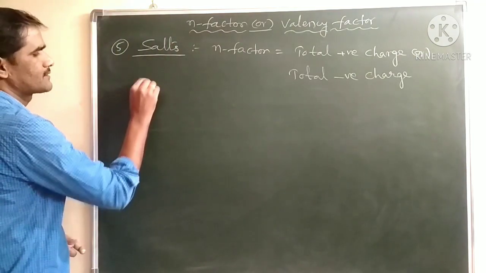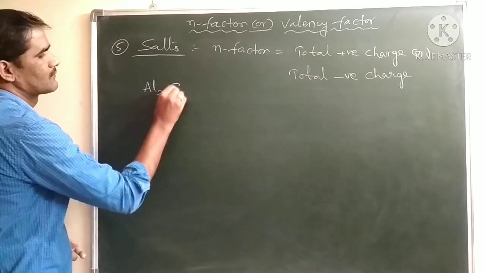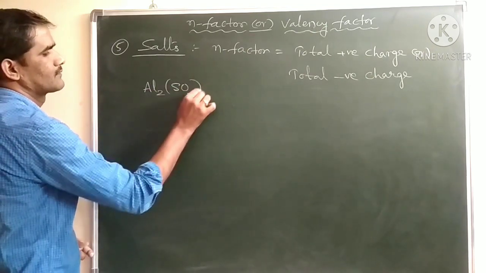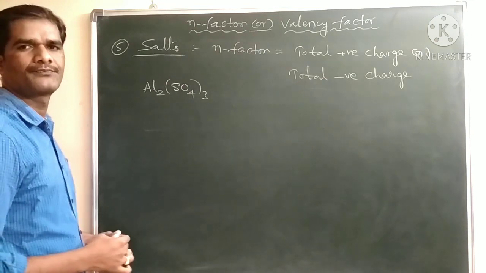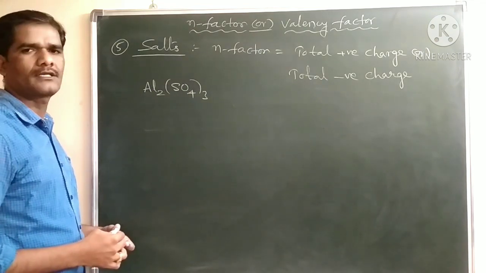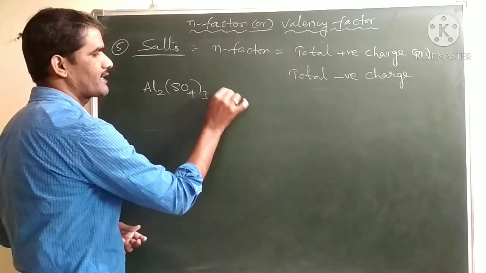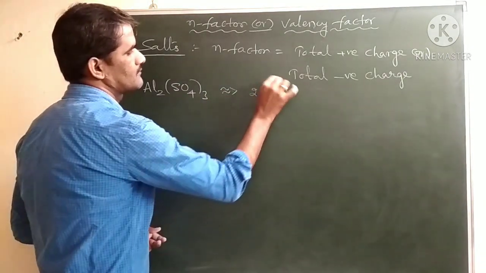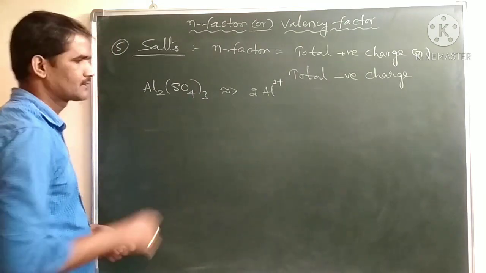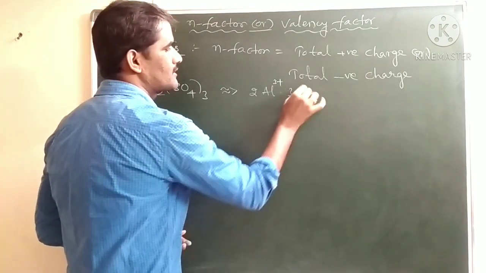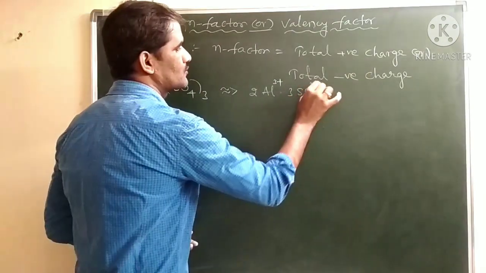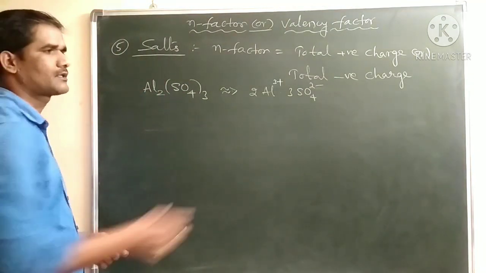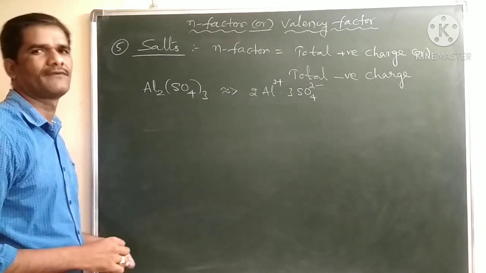Some other examples: aluminum sulfate. Aluminum sulfate exists as 2 aluminiums with 3 plus and 3 sulfates with 2 minus. This is the ionic form of aluminum sulfate.